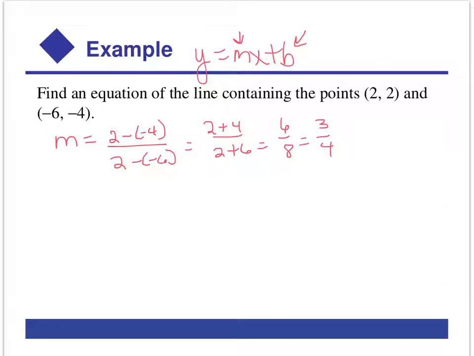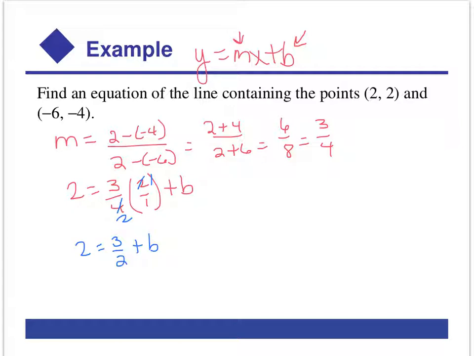So there's our slope. Now again, using the original equation, y equals mx plus b, we're going to plug in 1 point and then solve for b. So I'm going to use (2, 2). I'm going to say 2 equals 3/4 times 2 over 1 plus b. We can do some cross canceling. This gives us 2, this gives us 1. So then we wind up with 2 equals 3/2 plus b.